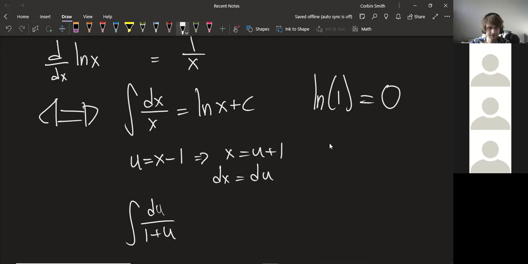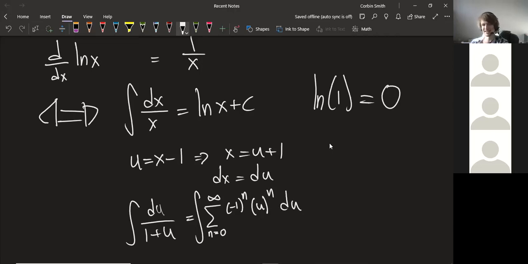And this is equal to the integral of the sum from n equals 0 to infinity of minus 1 to the n u to the n du. Yeah, that looks correct to me.